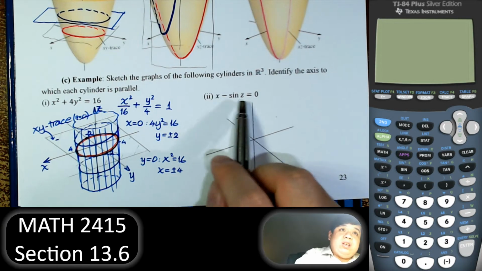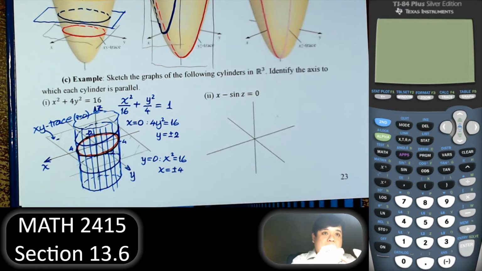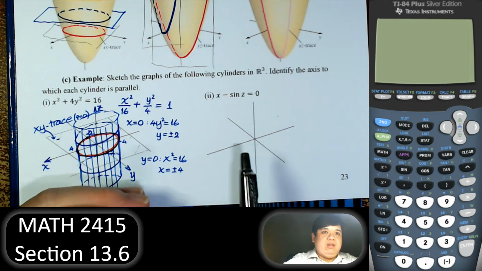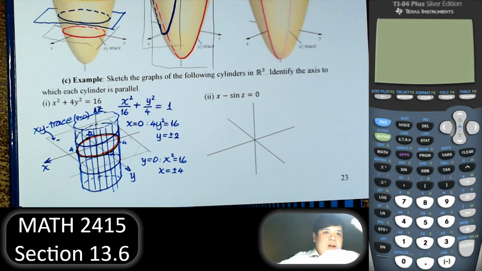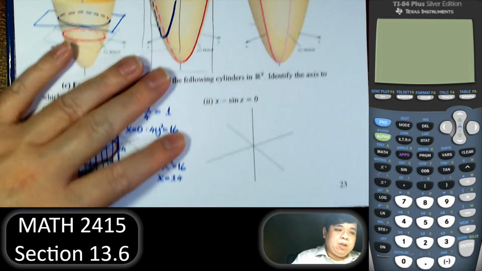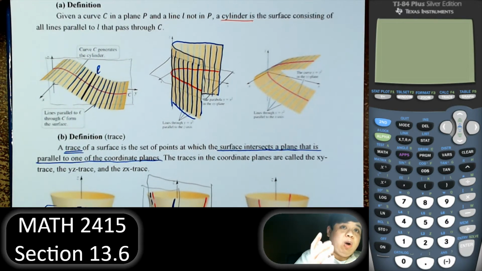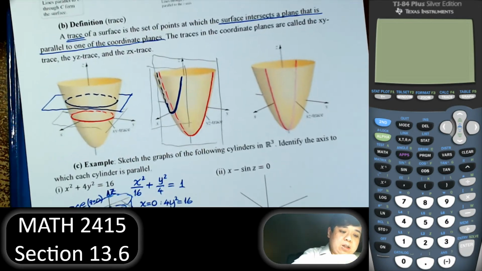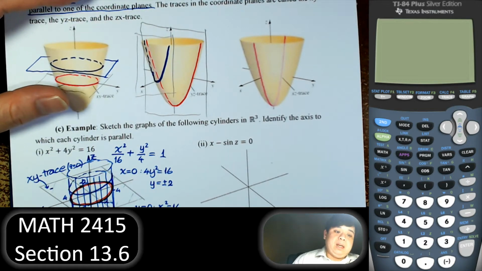But if the equation is missing one variable, it is the right cylinder, meaning it goes straight vertically, or up and down, or left and right. All the lines will be perpendicular to the plane P. So when I'm talking about the right cylinder, the line L is going to be perpendicular to the plane P.